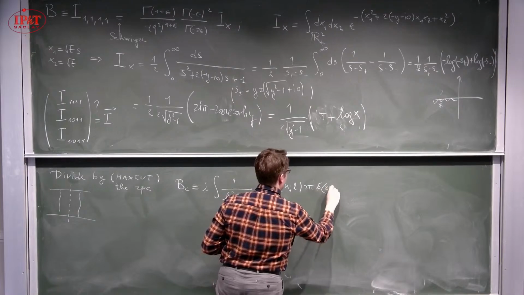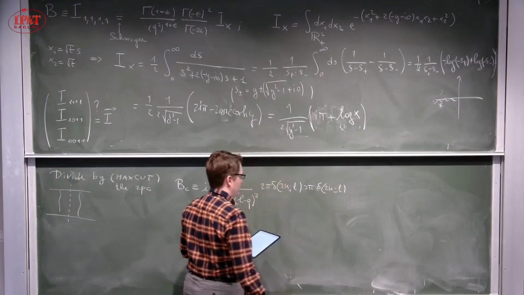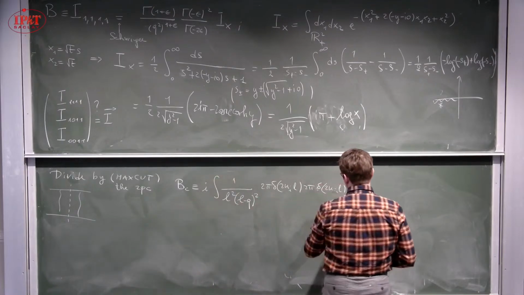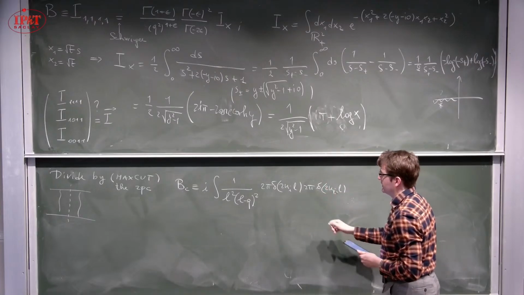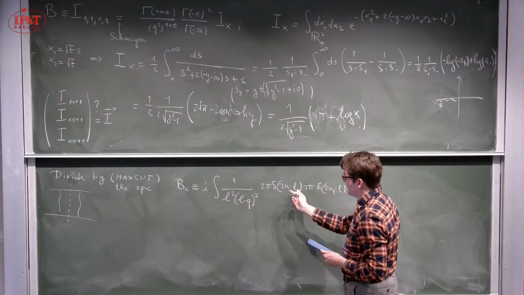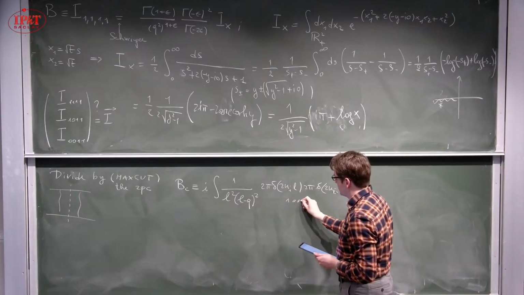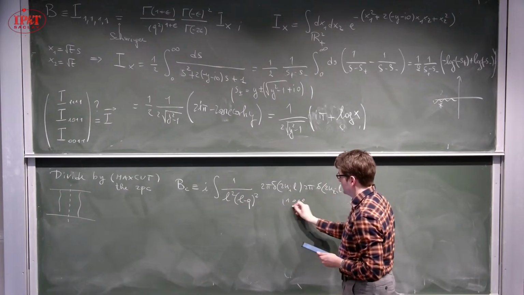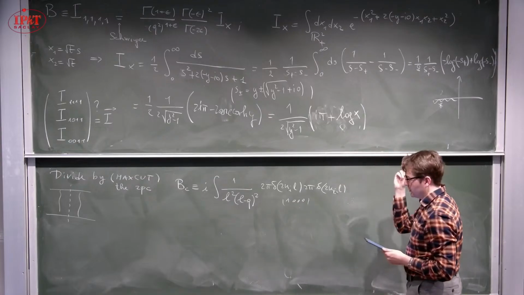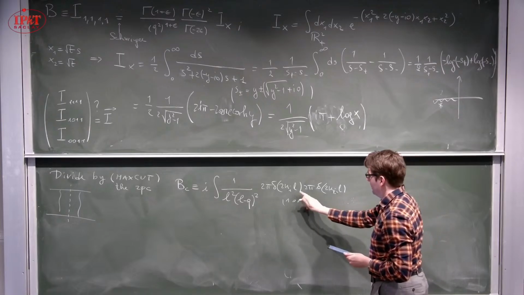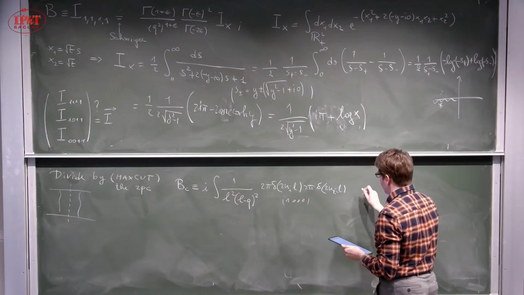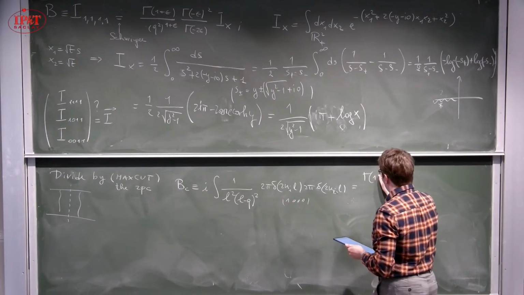Okay. And this is actually very easy. You can, for instance, evaluate it by going into a frame where U1 is at rest, so it's 1, 0, 0, 0, and the other particle with some velocity in some direction. Or you can use the decomposition we used earlier on in the lectures in terms of L parallel and L perp. The result is simply gamma.